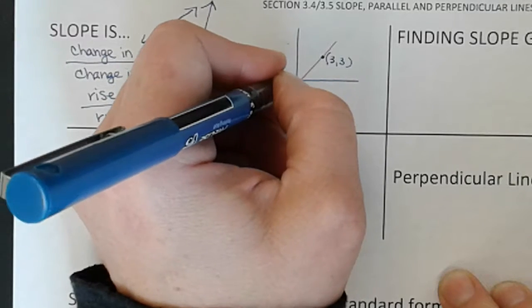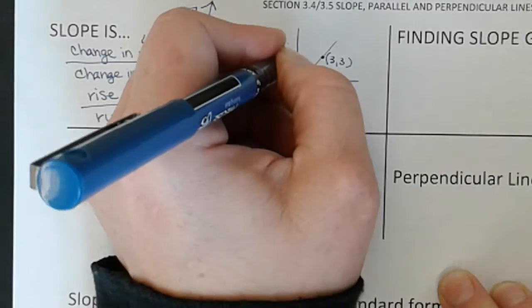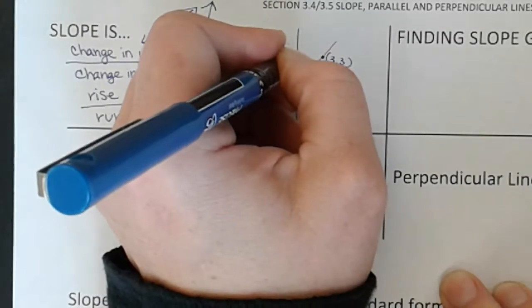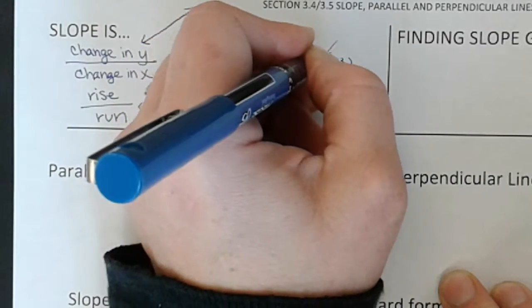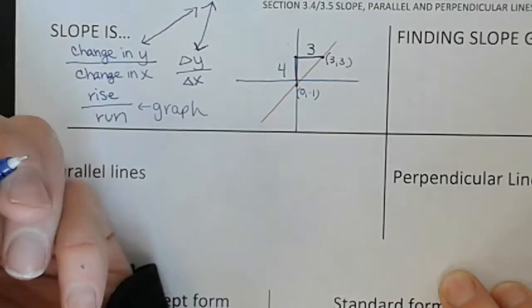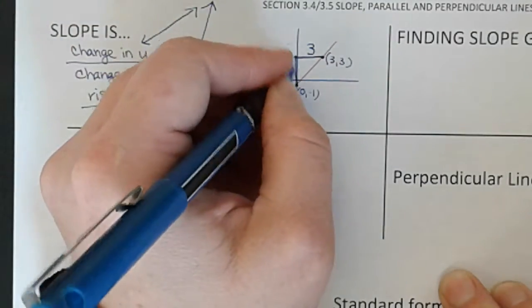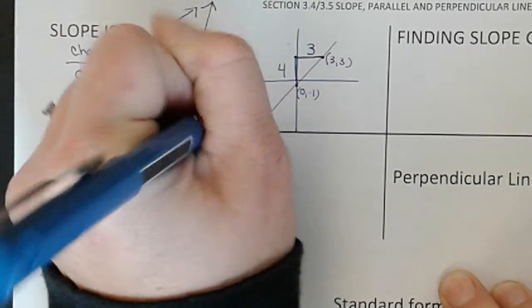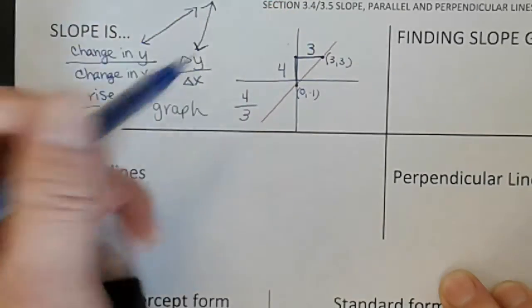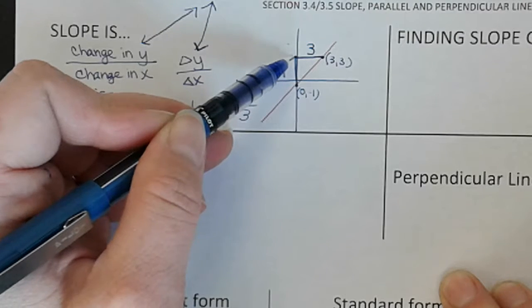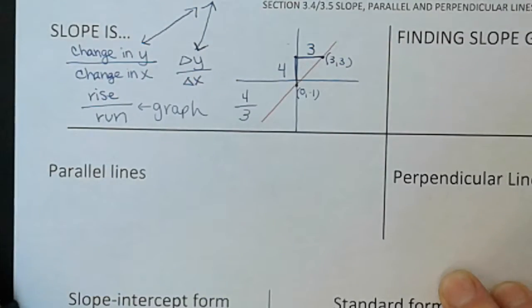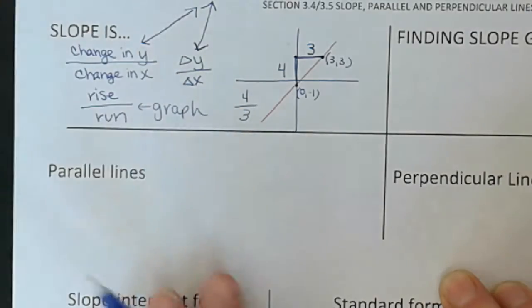We count from this point, 1, 2, 3, 4. So it went 4 in the positive direction, and then we count over 1, 2, 3, and it went 3 in the positive x direction. So rise, it changed 4, and run, it changed 3, and both of those were positive directions, right? Going up is positive, and going right is positive in the x direction. So my slope of this line would be 4/3.